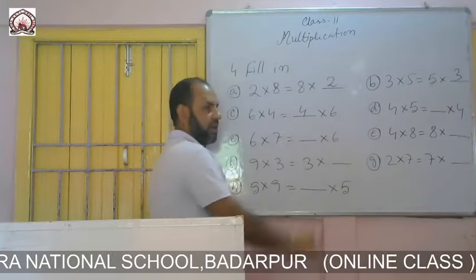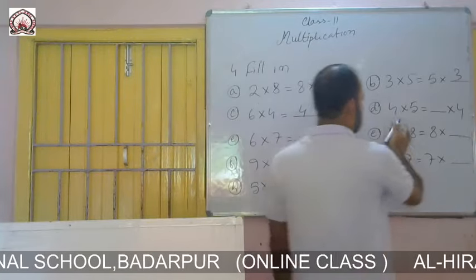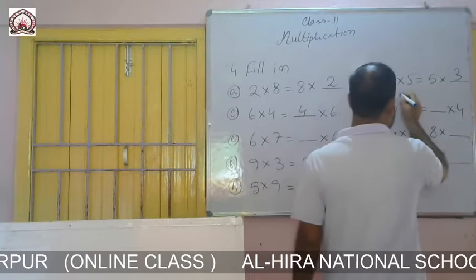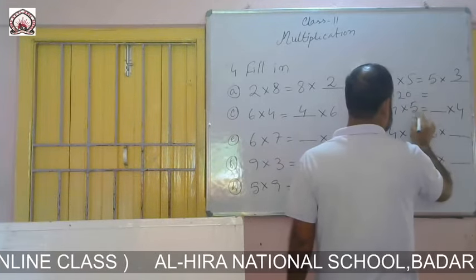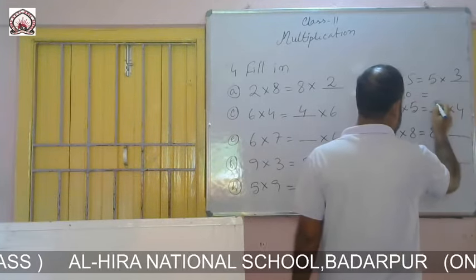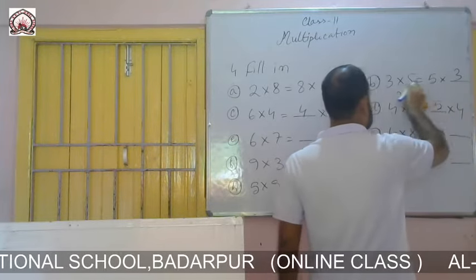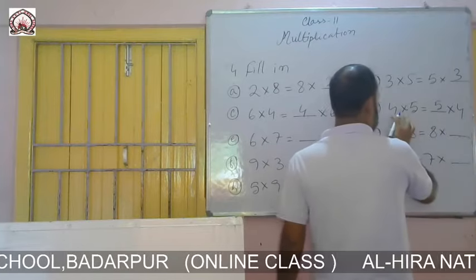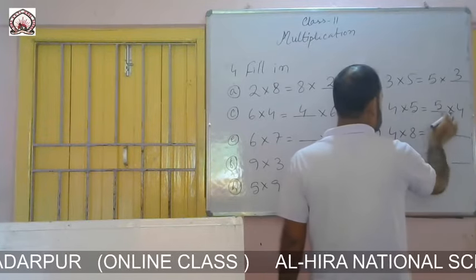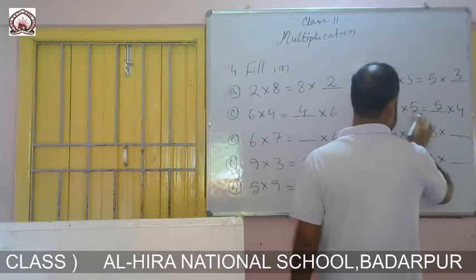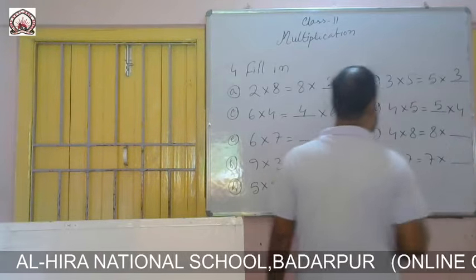So here 4 fives are 20, equal to 5 fours, which is also 20. So here the answer is 5.